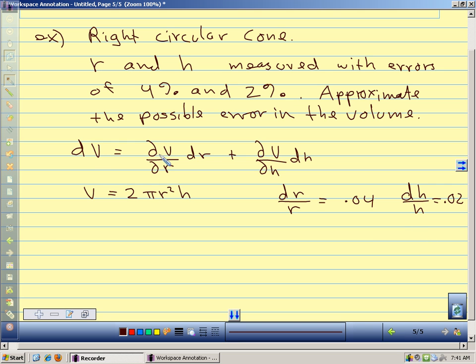So if I calculate the total differential dV, we're going to write this expression with this as our function.